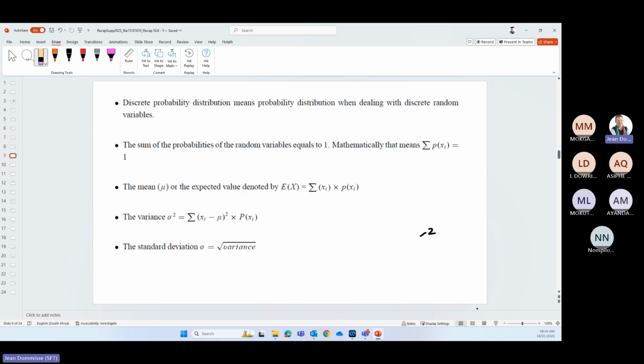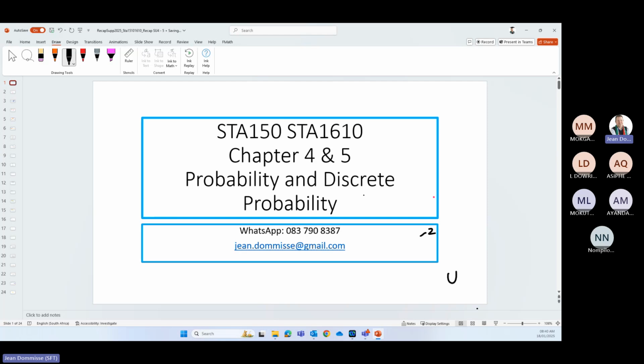Ooh, let me just save before something bombs out on my side. Okay. So then, as I said, we're also looking at discrete probabilities.